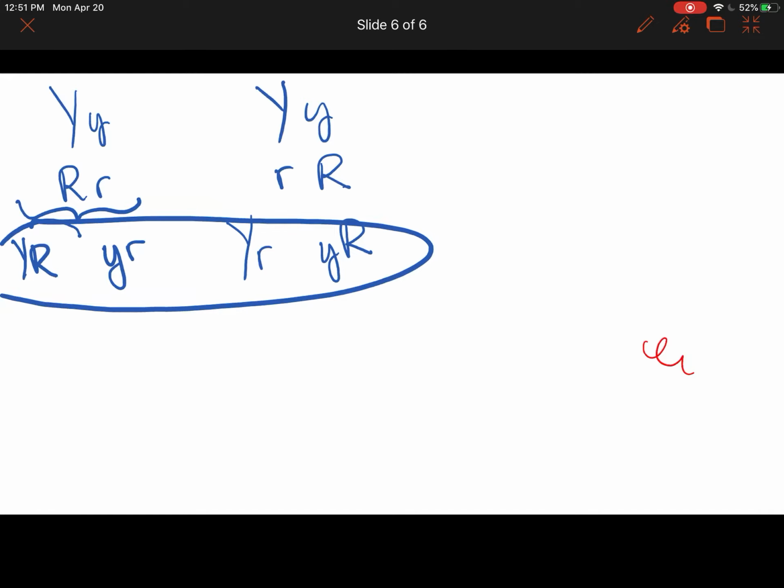Let's practice a dihybrid cross with flower color and pea color.